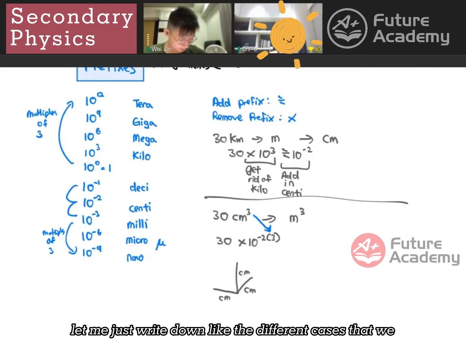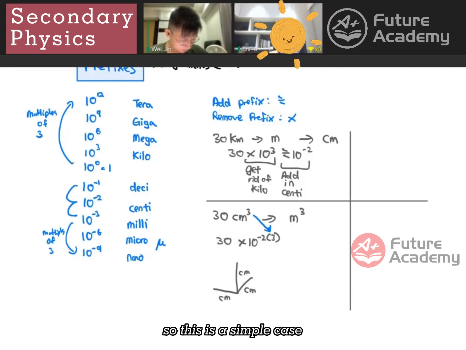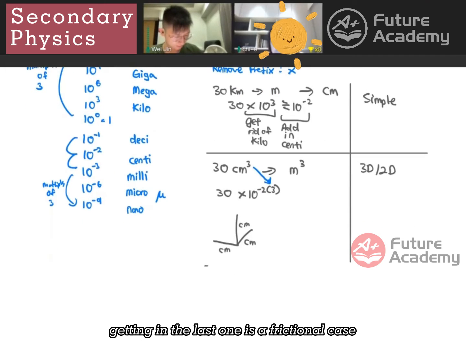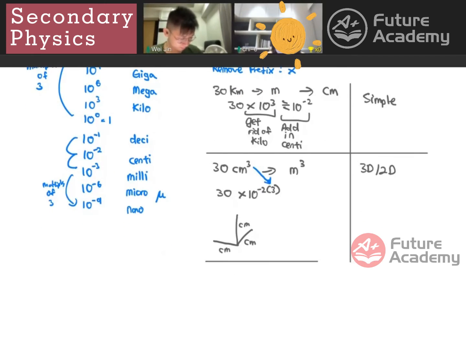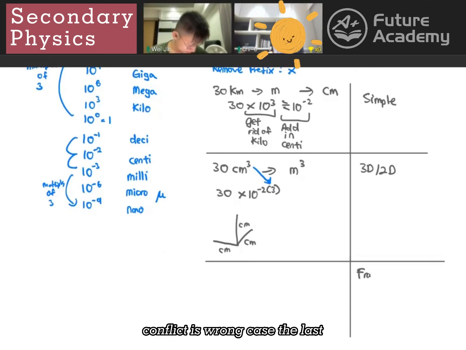Let me just write down the different cases that we are exploring. So this is a simple case. This one is a 3D, 2D kind of case. And then the last one is a fractional case. If I have a fraction kind of thing, how do we convert this around?